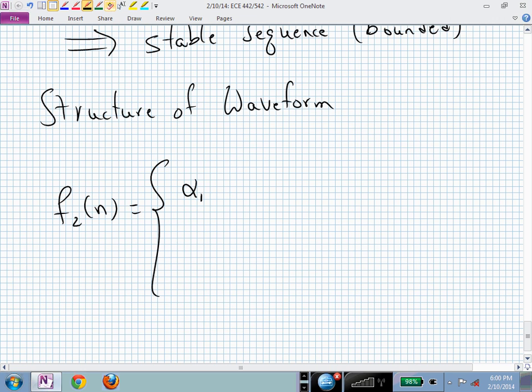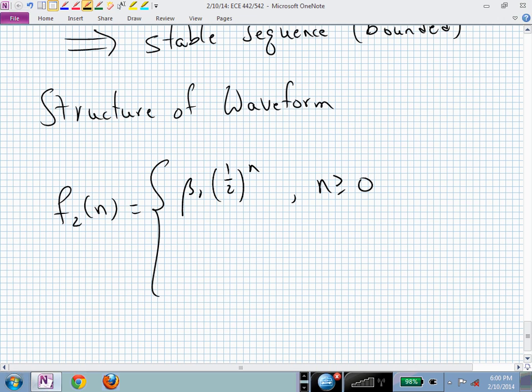Oh, let me make this something else. Let me call this beta. Is that okay? 1/2 is raised to the n, and n is non-negative because that 1/2 is interior to the region of convergence.